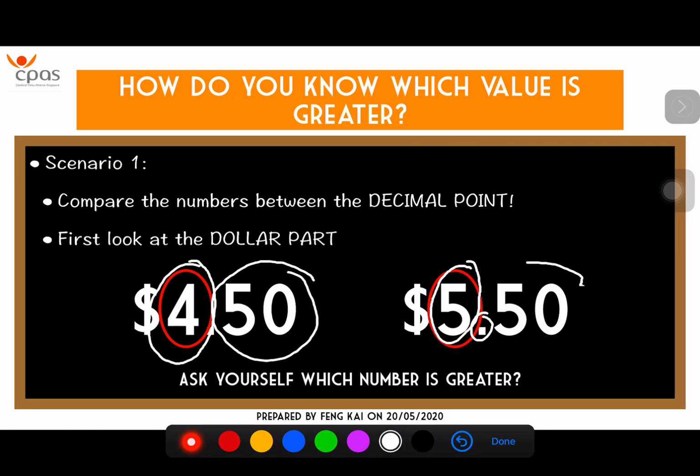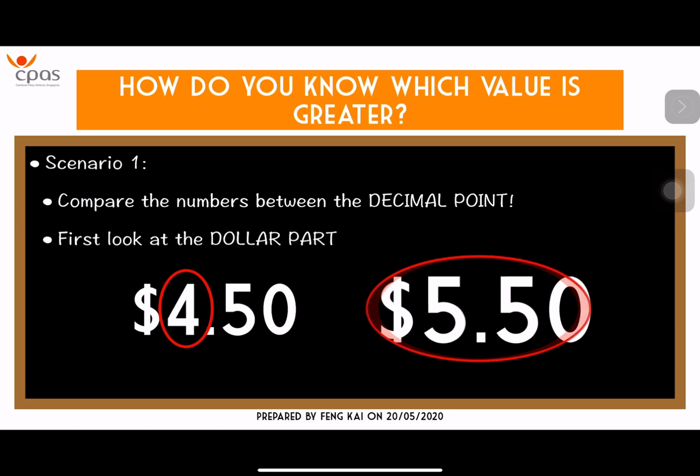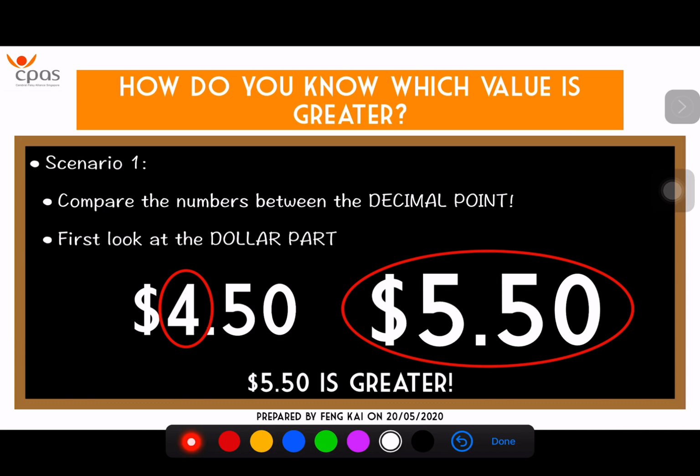The answer is no. We do not bother about the cents portion as long as the dollar portions are different numbers. We only bother about the 5 and the 4. So in this case, quite obvious, $5.50 is greater because 5 is bigger than 4.